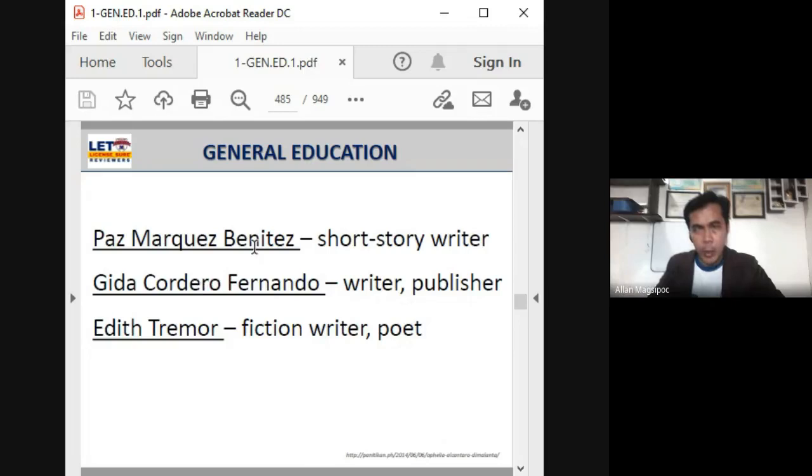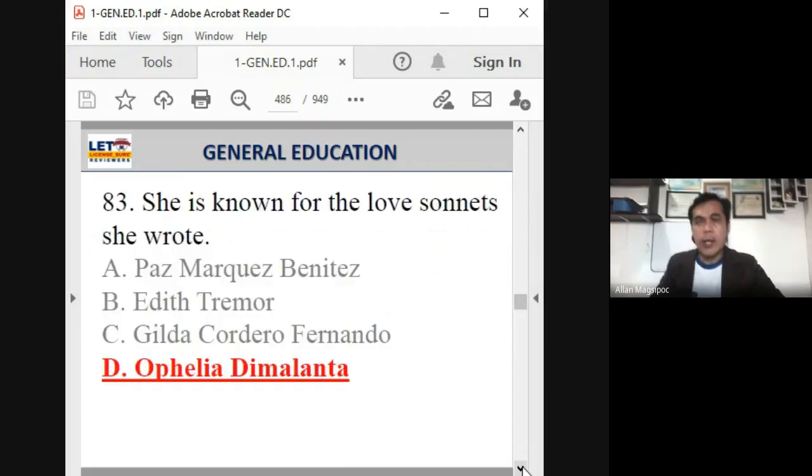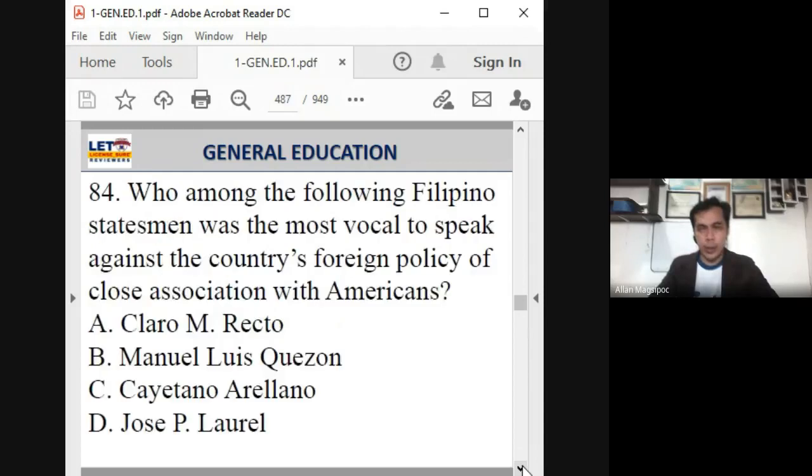Si Paz Marquez Benitez is a short story writer, not a poet. Si Hilda Coronel Fernando naman is also a writer and publisher, but definitely not about sonnets. Ito naman si Edith Tiempo, a fiction writer but also a poet, but not as renowned for writing sonnets, unlike Ophelia Dimalanta. Okay? Next question.